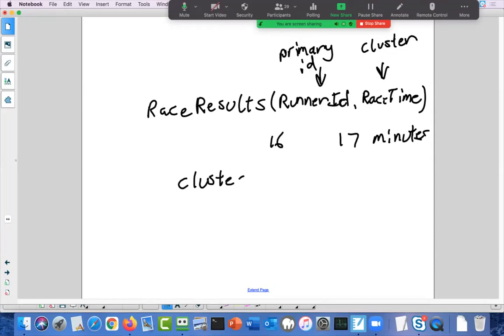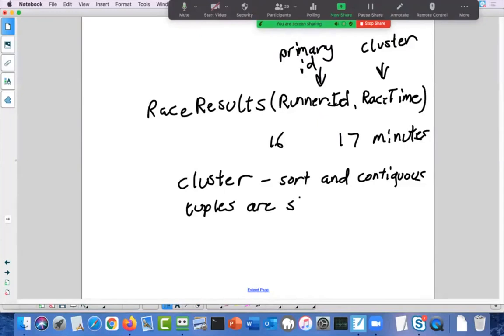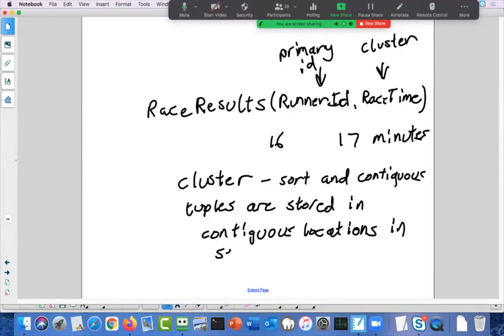Yeah. So when I talk about clustering, what I mean is that I sort, and contiguous tuples are stored in contiguous locations on the disk, or I'll call it secondary storage, so that I don't say disk or solid state device.